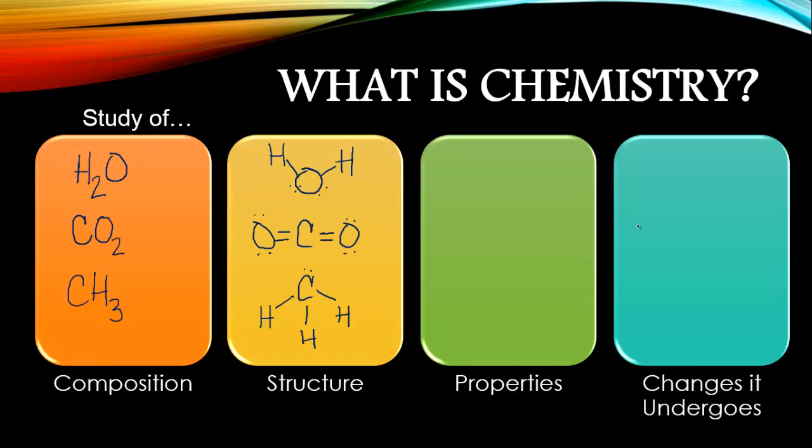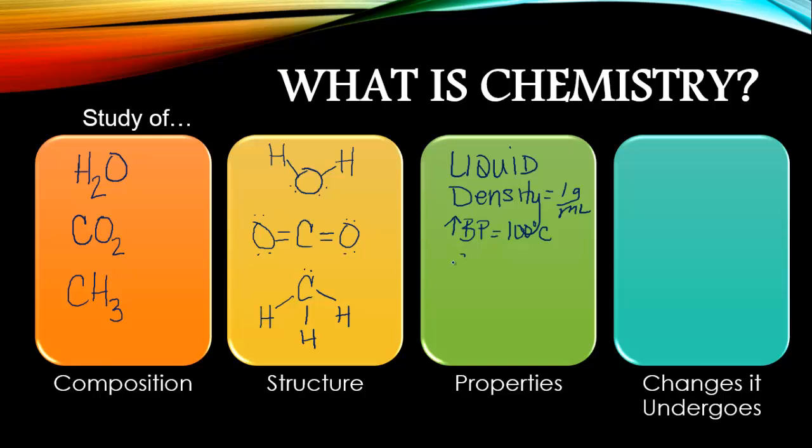So properties, basically what you know about the compounds. For example, we know that water is a liquid. It has a density of 1 gram per milliliter. It's got a higher boiling point, which is about 100 degrees Celsius.